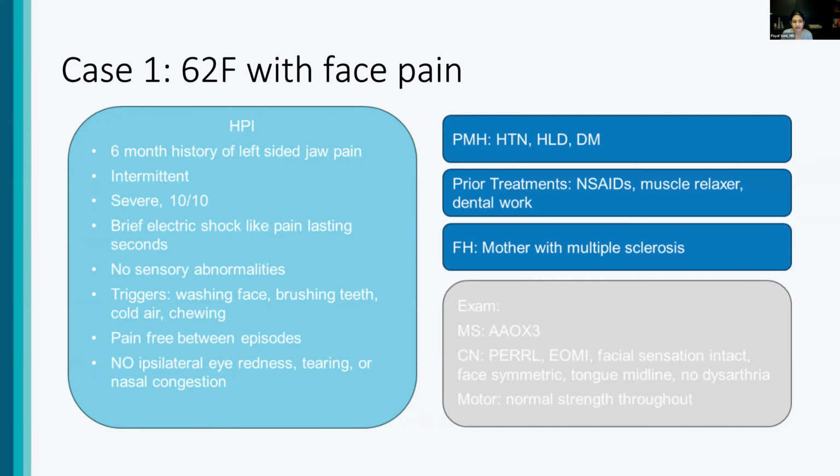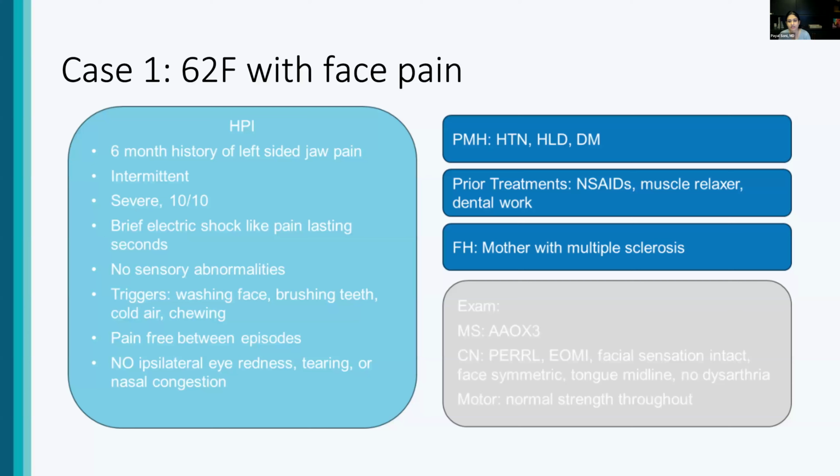She does not have any sensory abnormality, so there's no numbness or tingling of the face. She has triggers: she says the pain can come on when she's washing her face, brushing her teeth, when cold air blows on the face, or when she's chewing. In between episodes she's pain-free, so she doesn't have any baseline pain between the sharp pains. Notably, she denies any ipsilateral autonomic symptoms, so no eye redness, no tearing, no nasal congestion.